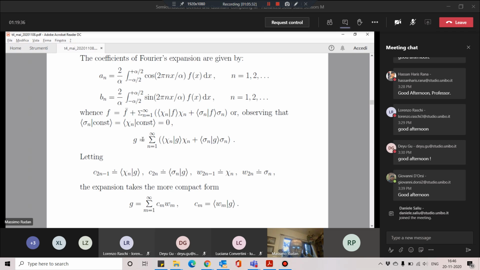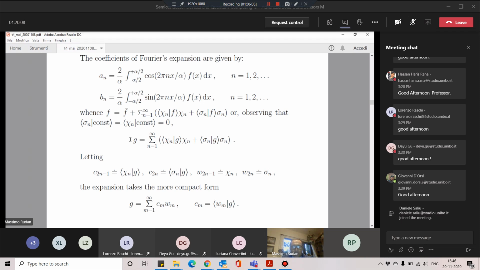So if we take again G instead of F, we have that G can be expressed, as you can see, in the middle of the page. Then we give this expression an even more compact form, okay? Assume that you have written all terms one after the other.